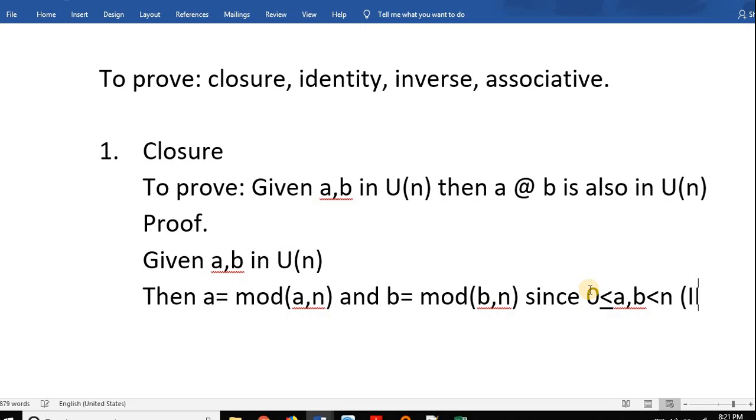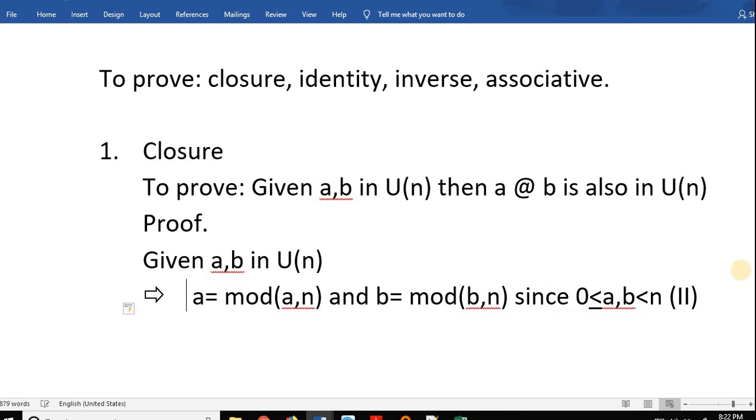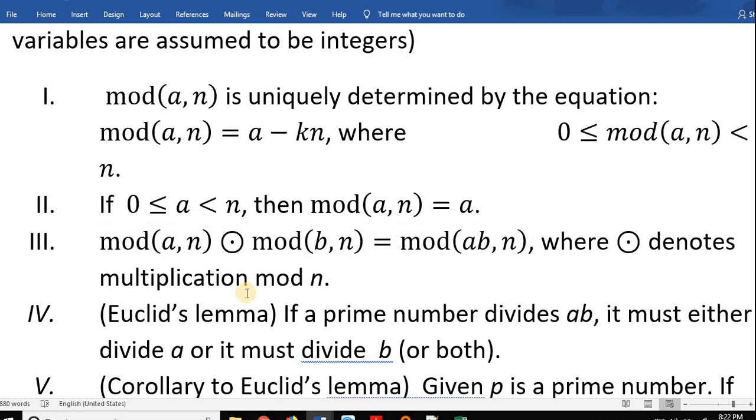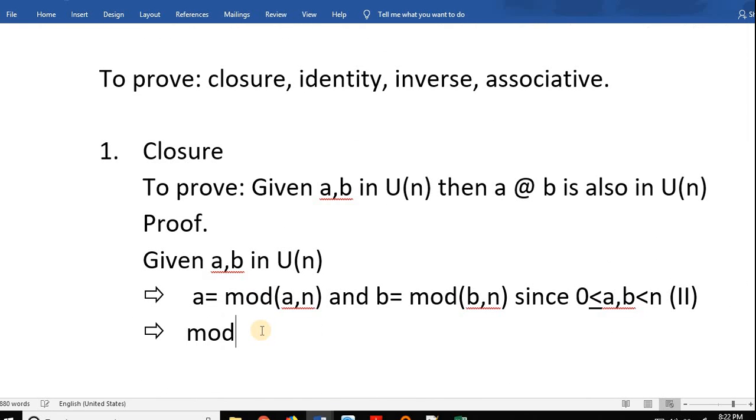I'll just put 2 here, because I don't have room. So I've made a statement that follows from this based on a proposition. And from that, the next implication, as I said, I can use this statement here. So that means that (A mod n) @ (B mod n) is equal to AB mod n. And this is by 3.